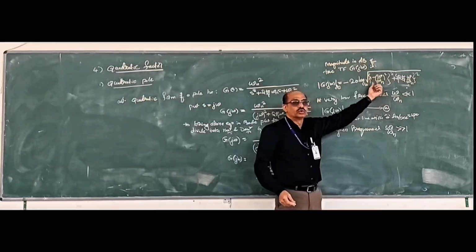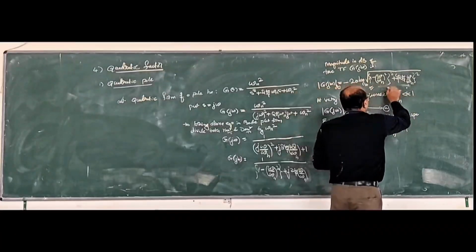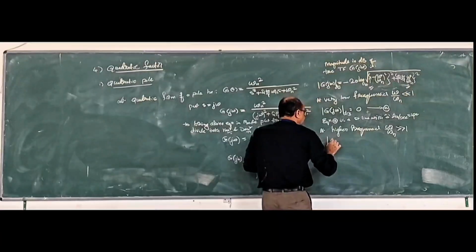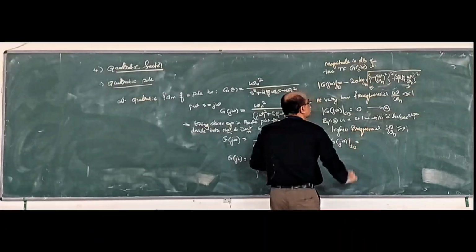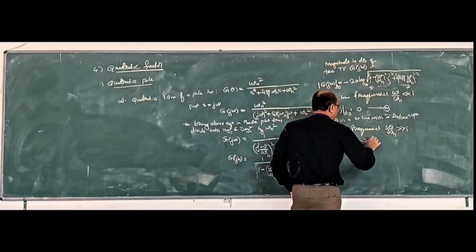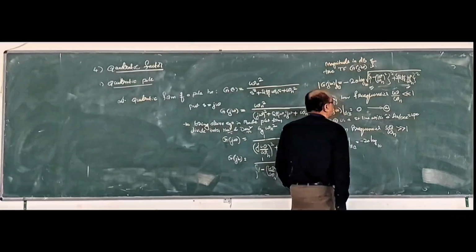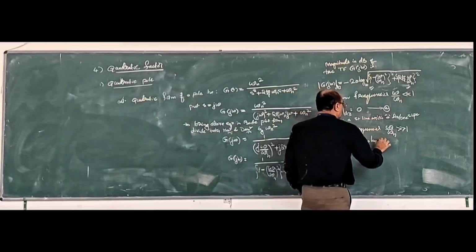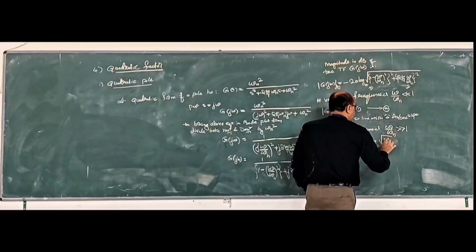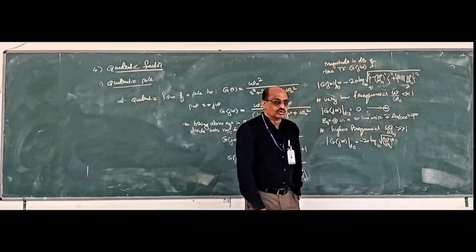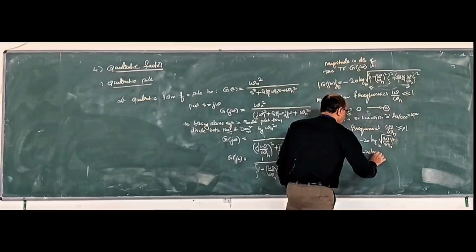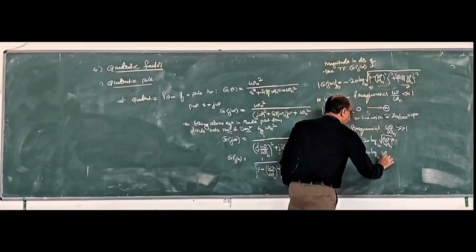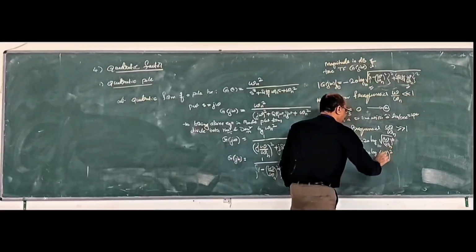At higher frequencies you can neglect these two terms and write G of j omega dB is equal to minus 20 log base 10 root of (omega by omega n) to the power of 4, or minus 20 log base 10 (omega by omega n) whole square.